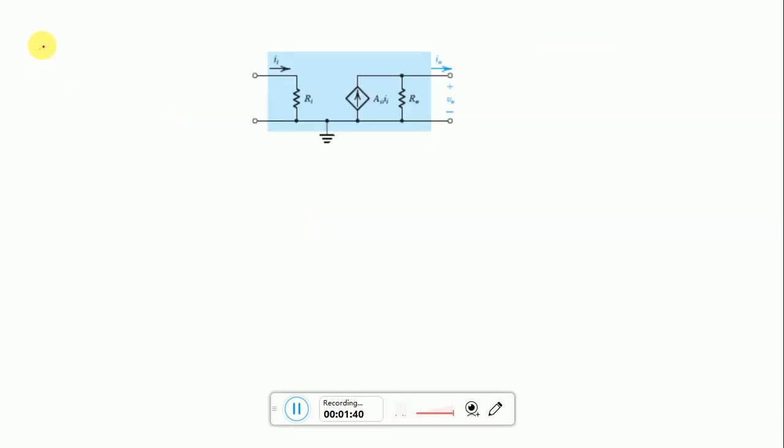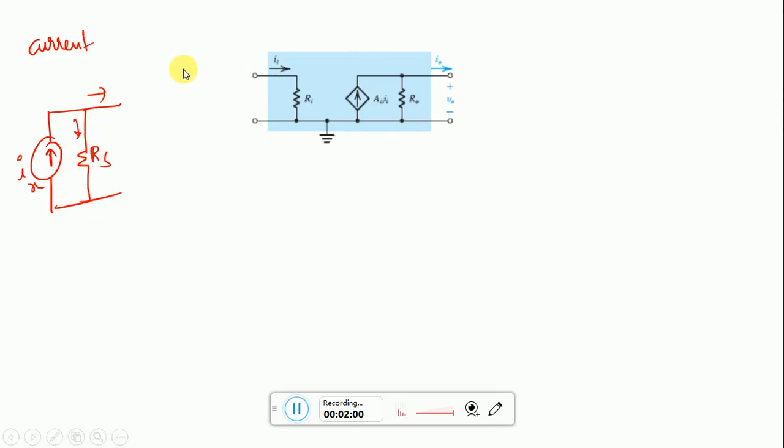If you look at input as it is current source, the equivalent representation of current source is like this. This is my input current Ix. The shunt resistance will be somewhat like this, Rs, and here the current will split like this, and it is given to the entire circuit. Now the input biasing principle is Norton's equivalent, and the output biasing principle is also Norton's equivalent in this case.